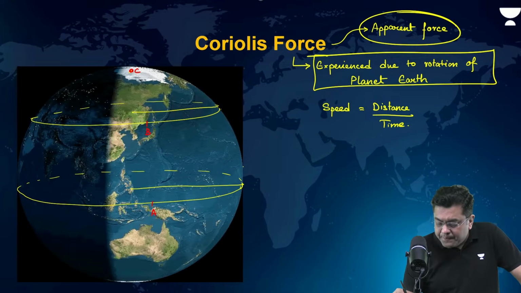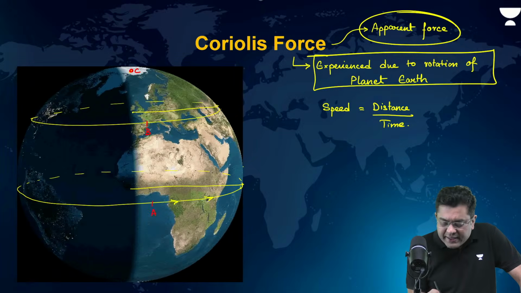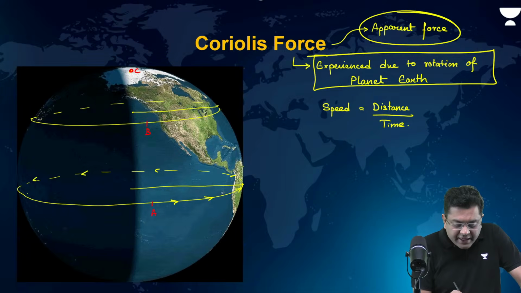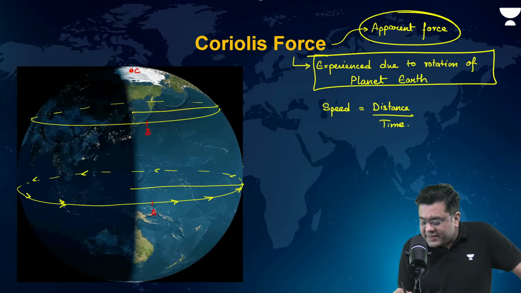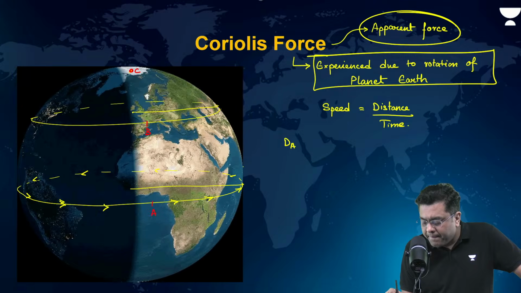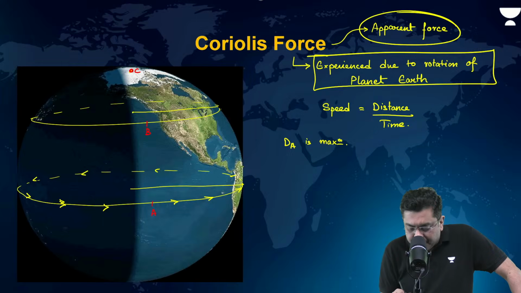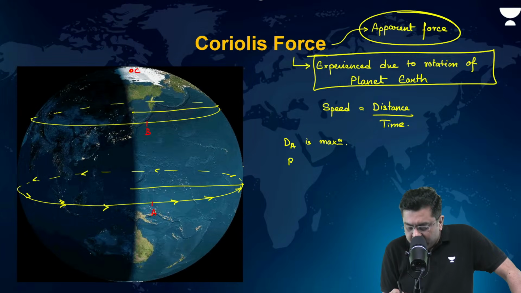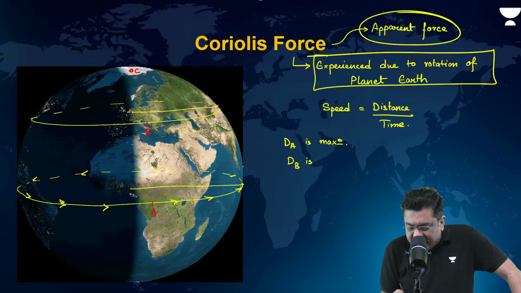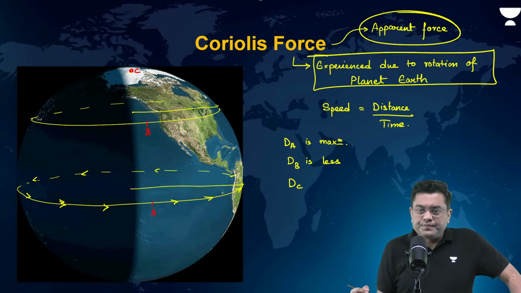So, can I say in this entire rotation, A is covering the distance of the largest radius? Distance covered by A is maximum, distance covered by B is less, and distance covered by C in one rotation equals 0.